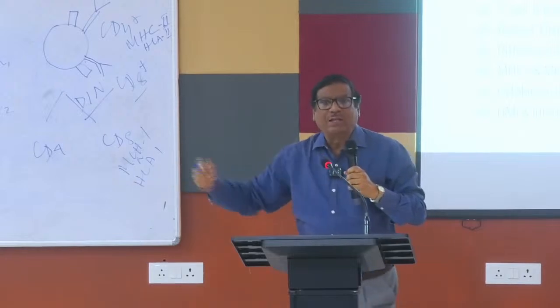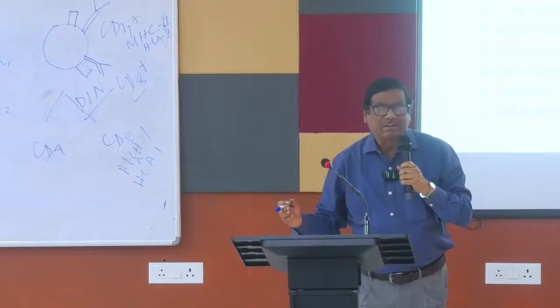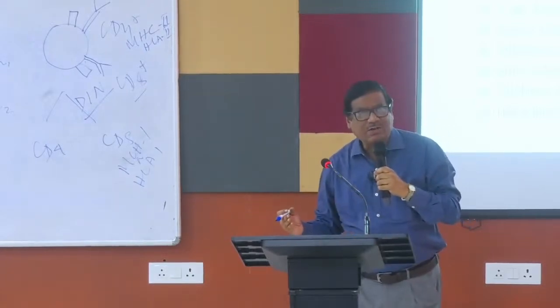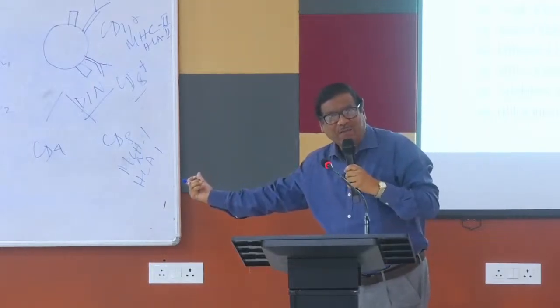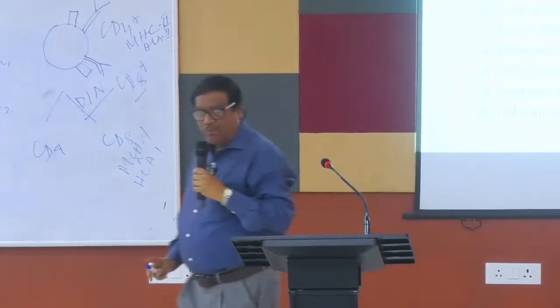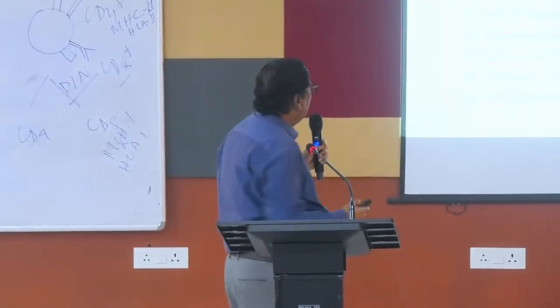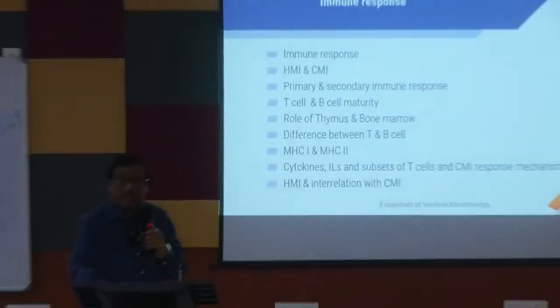Now they move to the peripheral lymphoid system. They are ready for fighting. Any antigen, whether it is endogenous or exogenous, now we are ready with the CD4 and CD8 arm. Now, the question is the T cell and B cell maturity.